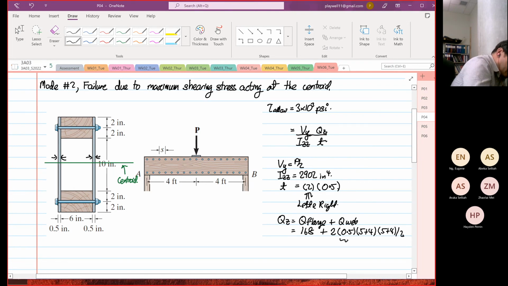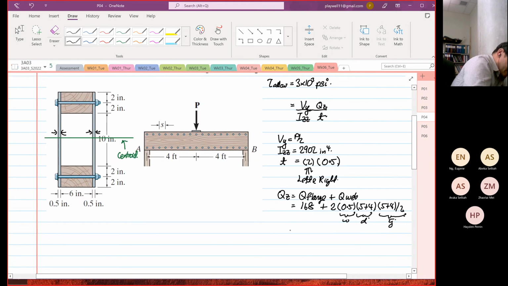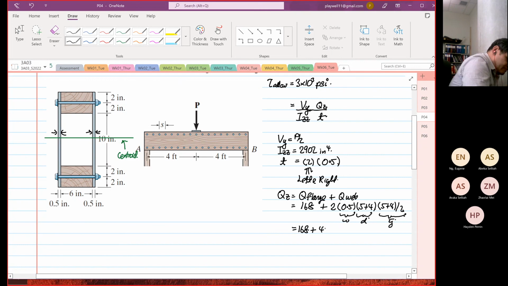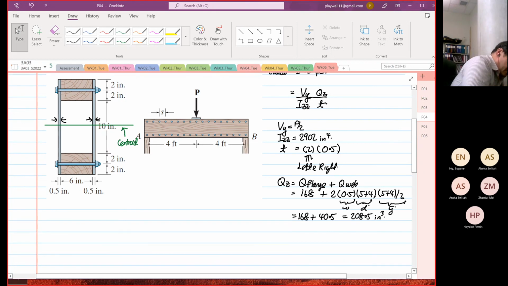So this gives us 168 plus 9 squared divided by 2 times 0.5 times 2, which is 40.5. So this is equal to 168 plus 40.5, which is 208.5 inches cubed.